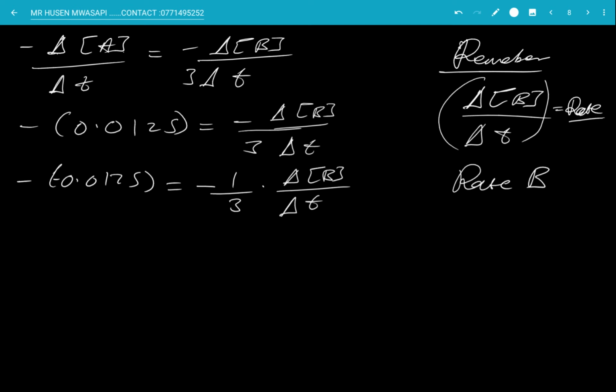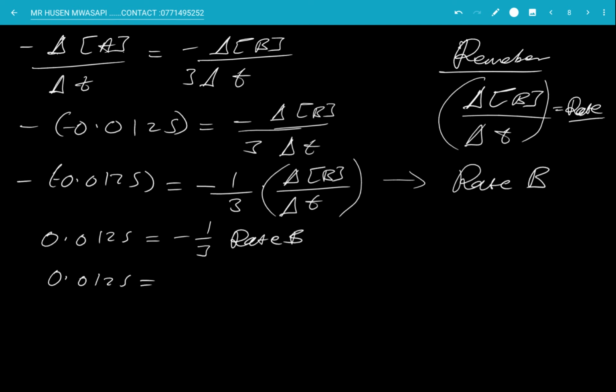So now this is minus minus minus, because we found it to be a negative, if you can recall. So this will end up being a positive 0.0125 being equal to minus 1 over 3. Now this is rate B, so we just say rate B. So for us to find rate B, we'll just say 0.0125 being equal to minus rate B over 3, and then after that cross multiply.